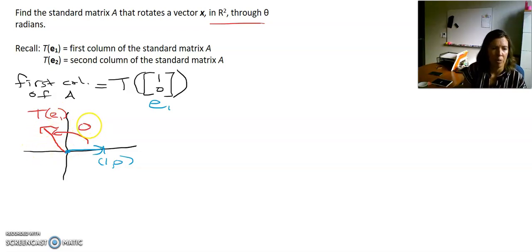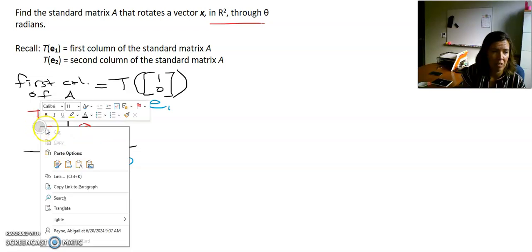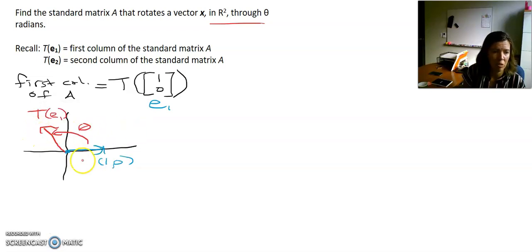And that's where this right here is theta radians. Now think about the unit circle, or you have to think back to trigonometry. We're going to be using trigonometry here. So if we rotate this theta radians, this vector is 1 unit long. All we did is rotate it. We didn't change the length. So this vector is still 1 unit long. This point right here is 1 unit out from the origin.